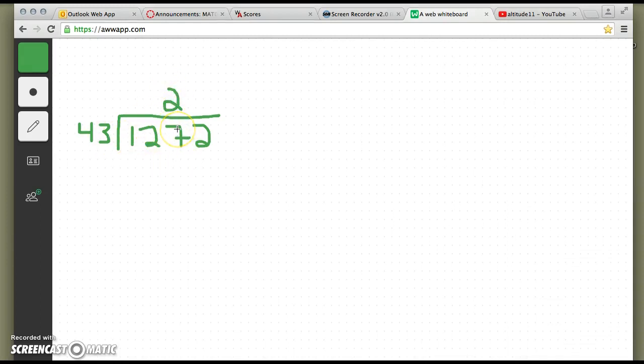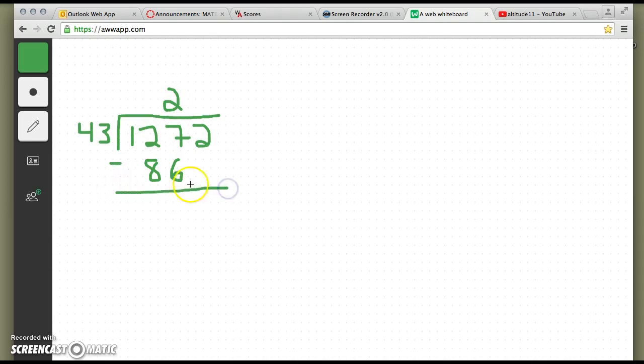So notice that I placed our 2 above the furthest number to the right underneath our division sign. So 43 here times 2, that is equal to 86. And you write that product underneath, right? So 43 times 2 is 86. And now what we actually do is we subtract.